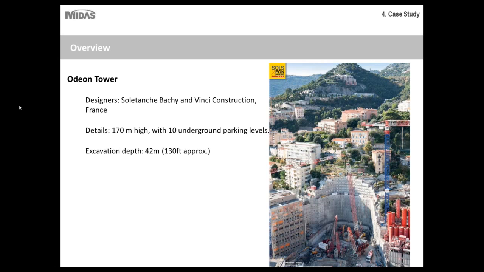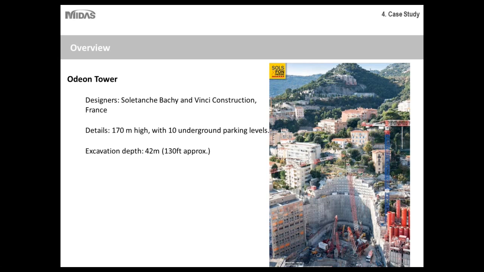And the details of the site are something like this. The structure would be 170 meters in height, and it has 10 underground parking levels. So basically the requirement for the excavation would be about 130 feet approximately, which is 42 meters.